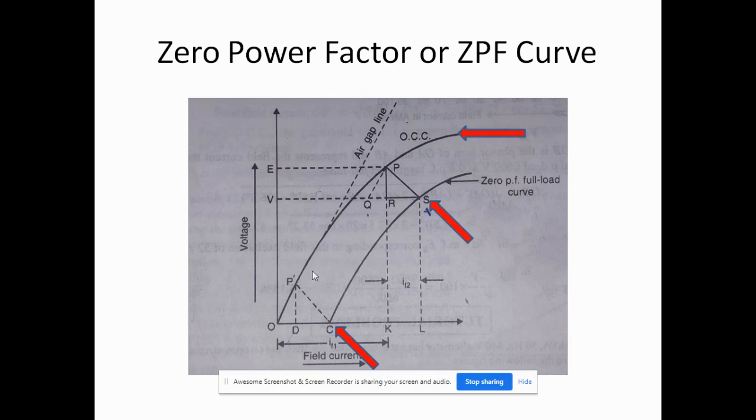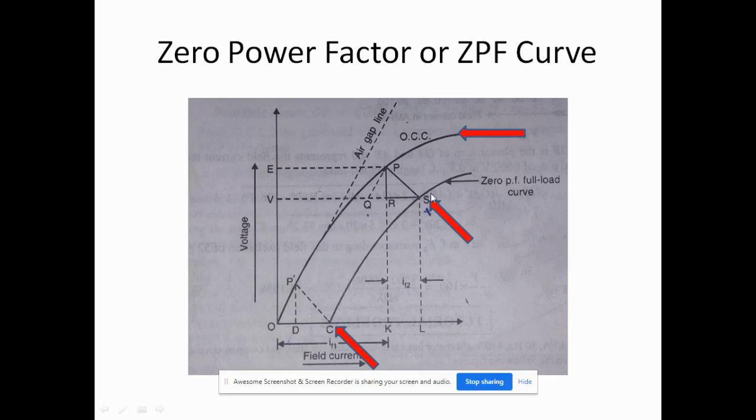Then what is point C? As you can observe here, point C is the point where we have a field current but we don't have a terminal voltage. That means it is observed at short circuit condition. Point C is the field current at which we get a rated short circuit armature current. Then what about point S?